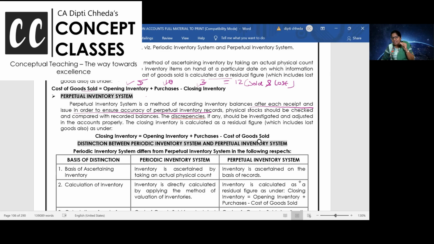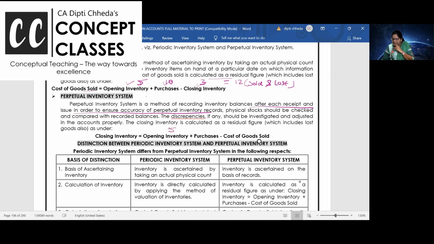I'm going slow. You have seen me, I teach very little theory. The theory which is simple, I say you read it. If you have a doubt, ask me. But these questions are asked in the exam for 5 marks, as theory questions. So physical stock should be checked and compared, discrepancies, if any, should be investigated, and closing inventory is calculated.